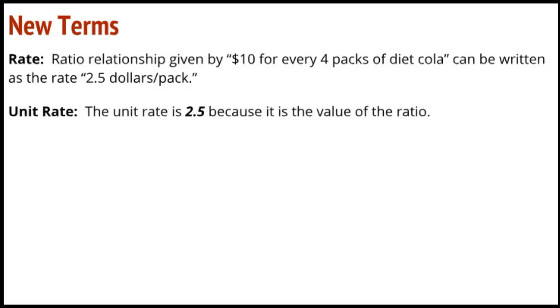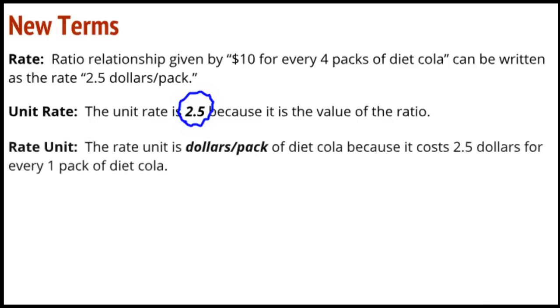Within the rate, there are 2 parts. We have the unit rate, and the unit rate is 2 5/10 because it is the value of the ratio. And we have the rate unit, which is the dollars per pack. And those are the words.